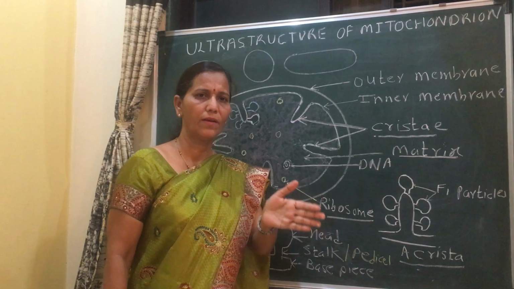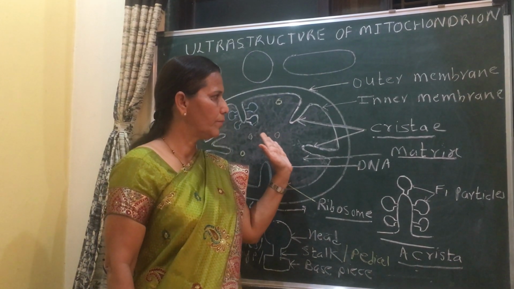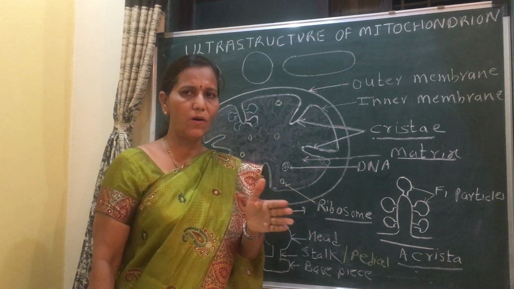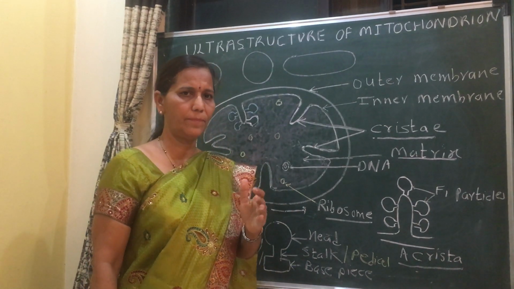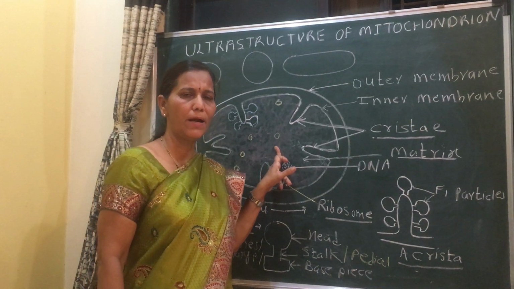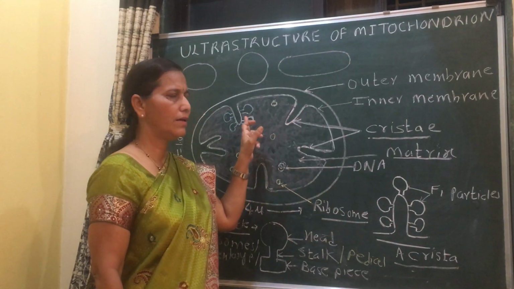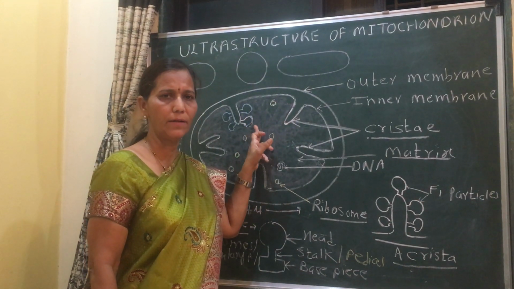Second, it provides energy to the cell, or it is the powerhouse of the cell. Third, the Krebs cycle occurs in the matrix of the mitochondria. The ETS occurs in the F1 particles.